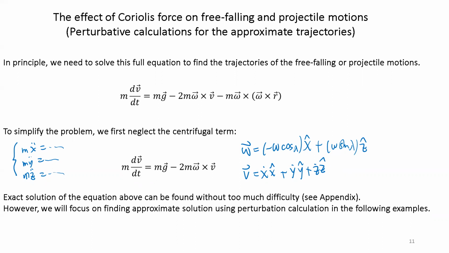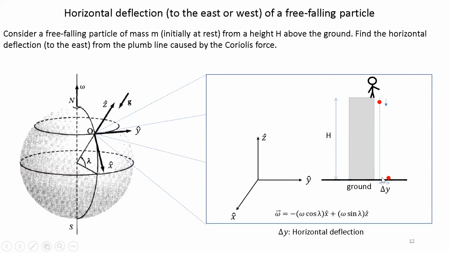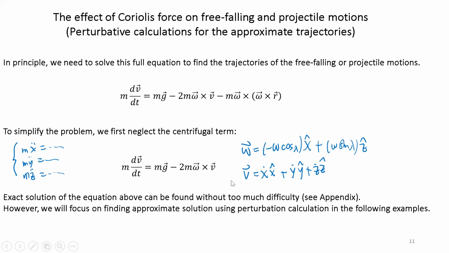But what we are going to do, the procedure is the following. We know that the correction, or this deflection, would be a very, very small number. That is because this term is actually much smaller than the first term.